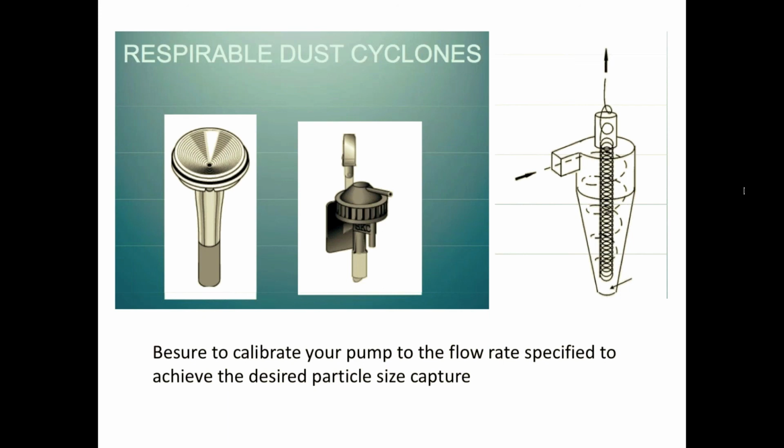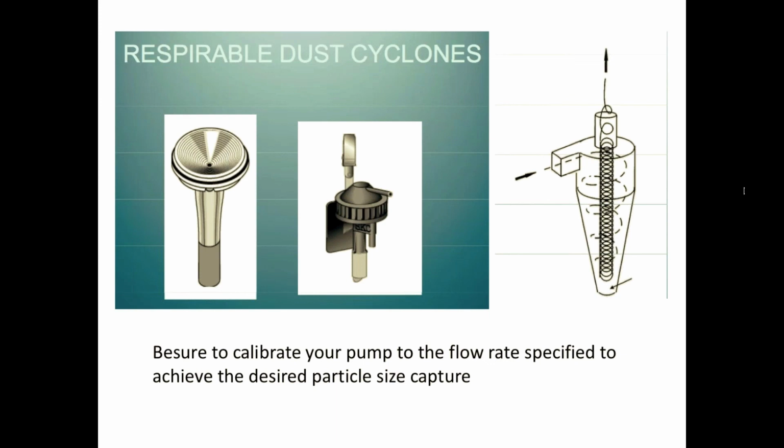There's an oil pad that goes over the inside of this, and larger particles, as they're pulled in here, impact that oily surface and get captured on it. Smaller particles manage to make the turn and reach a filter in the back part of this cassette. This is a more modern version of how people take these samples.